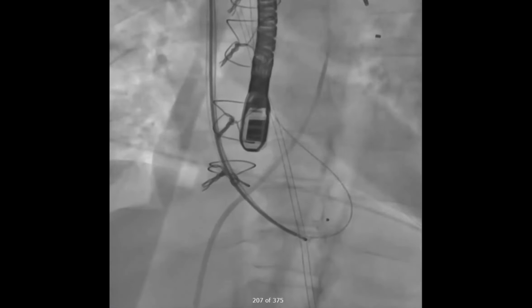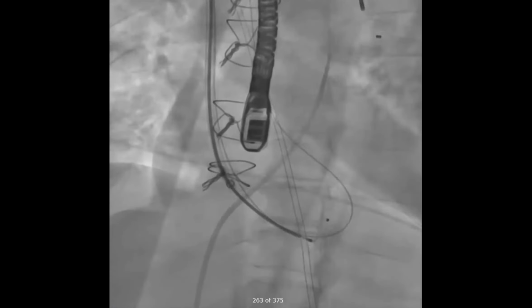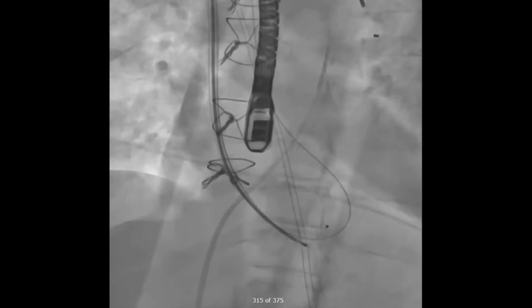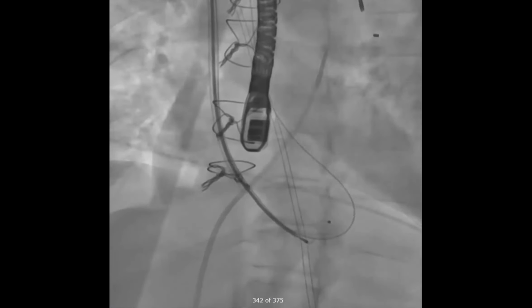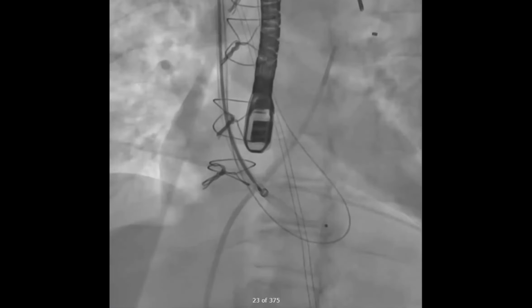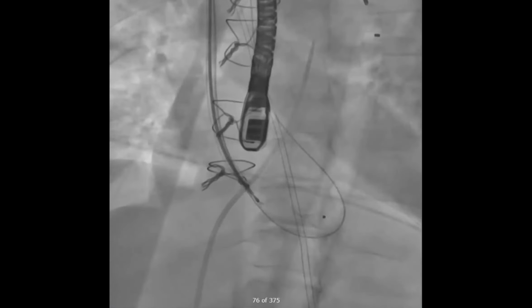No, it's not, right? Because we are releasing this stuff in there, and you will see it's not beating regularly. There's a PVC coming in. So the balloon pump is actually timed with the ventricle, and it will pause if there is a PVC.